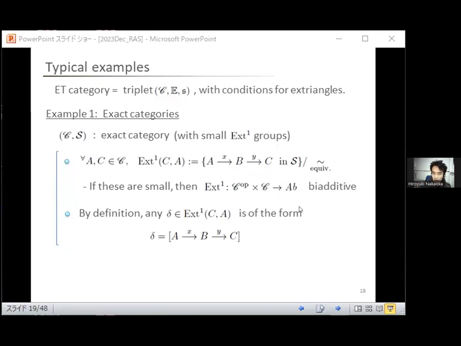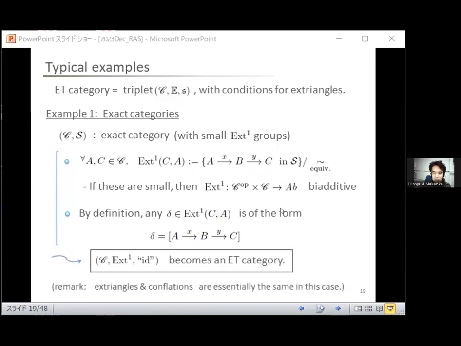Hence, as a realization, we can take the obvious correspondence which sends delta to delta itself. So in this way, we can regard an exact category as an ET category. We remark that in this case, X triangles are essentially the same as conflations, and the information of delta in an X triangle is somewhat redundant.